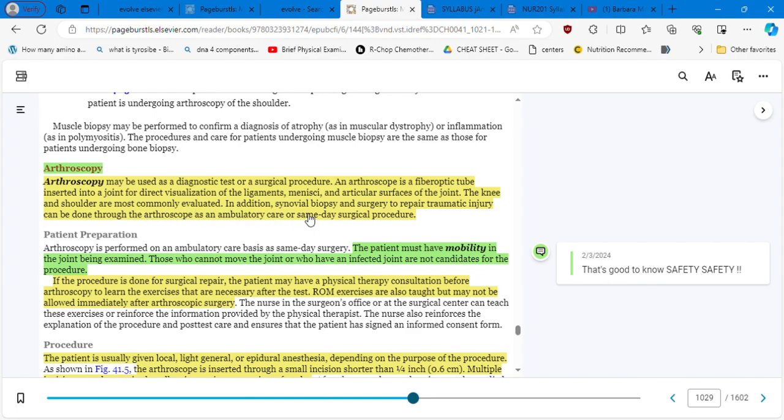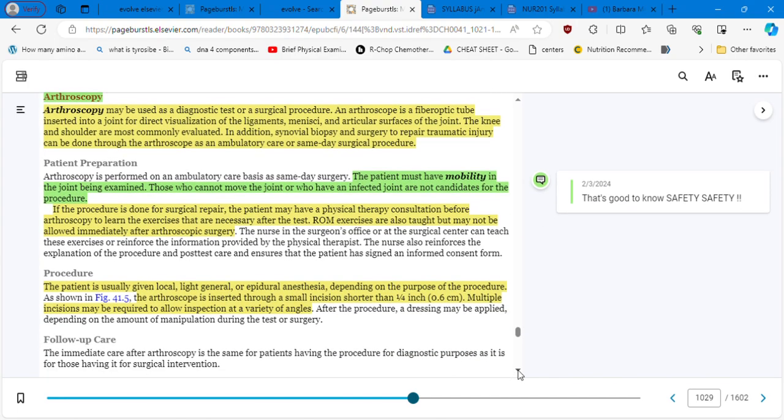In addition, synovial biopsy and surgery to repair traumatic injury can be done through the arthroscope as an ambulatory care or same-day surgical procedure. So the patient must have mobility in the joint being examined. Those who cannot move the joint or who have an infected joint are not candidates for the procedure. And that's good to know.